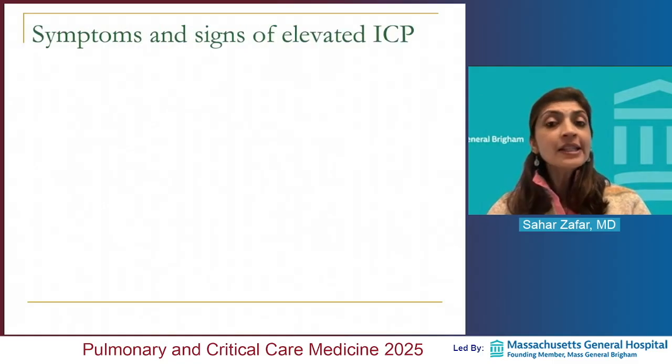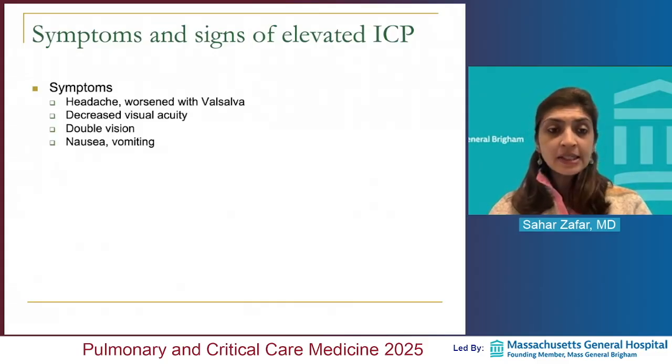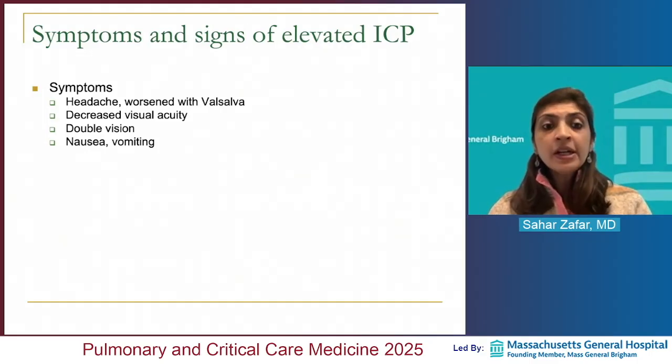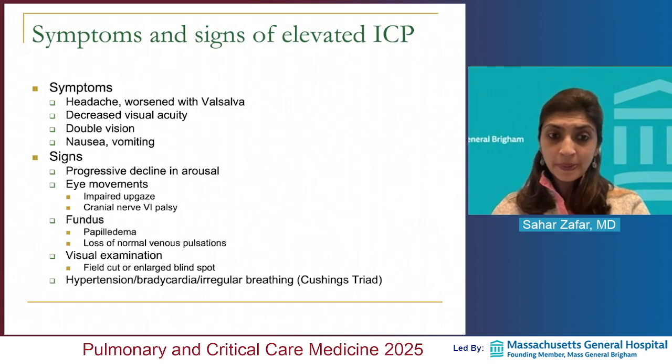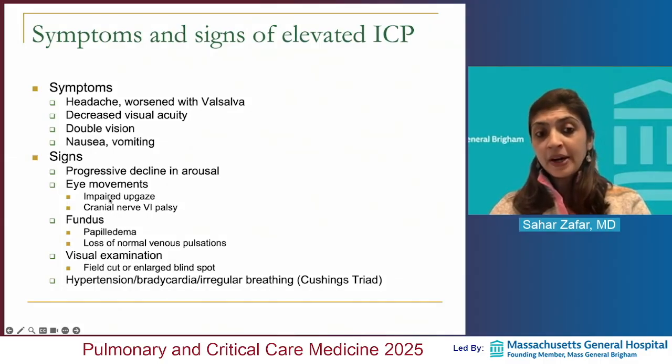And so if a patient does have high ICP, what are the key signs and symptoms? Some of the most common symptoms include headache, that is typically worsened by Valsalva maneuver, decreased visual acuity, double vision, nausea, and vomiting. These are amongst the most common symptoms that a patient may present with when they have elevated intracranial pressure. Signs, there's, of course, progressive decrease in arousal. There can be impaired eye movements.